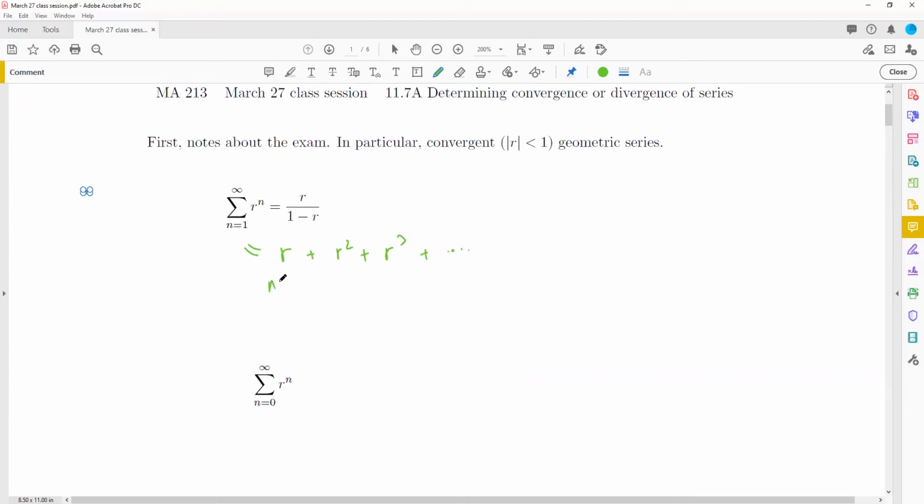Because when n equals 1, you plug a 1 into the equation and you get r to the 1. When n is 2, you get r squared. When n is 3, you get r cubed, and so on, going up. This one, you're starting from 0. So when n is 0, that's like 1. And then you have all this other stuff.